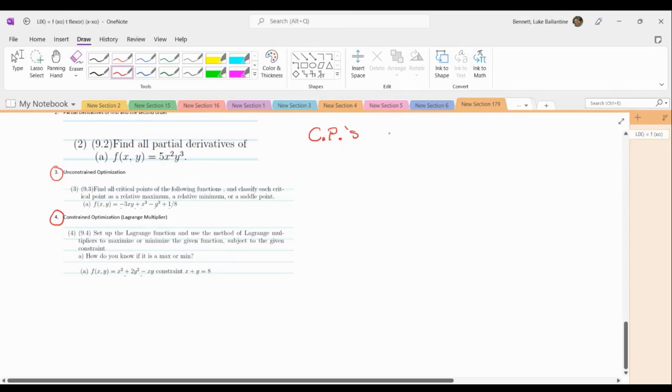Critical points occur where partial f partial x equals 0 and partial f partial y equals 0 at the same time.